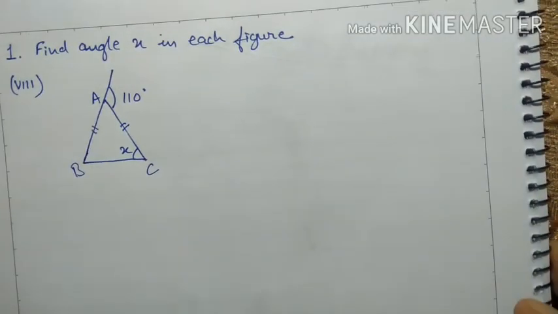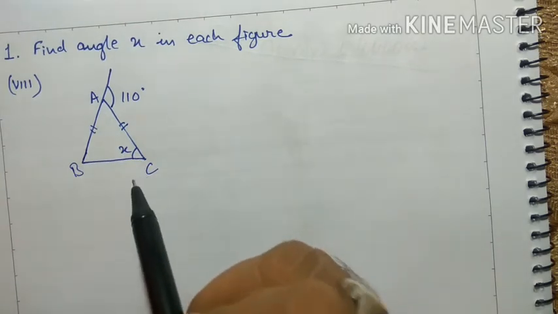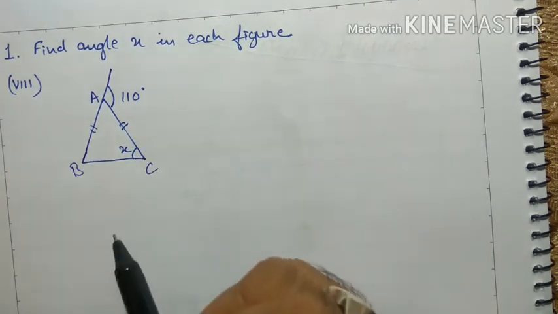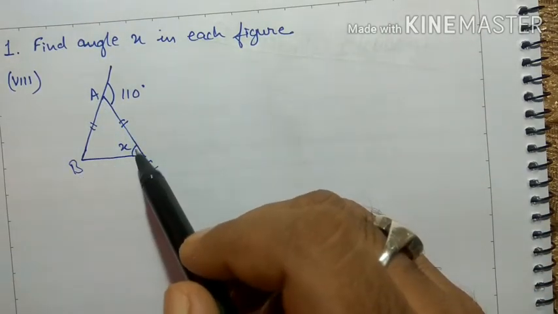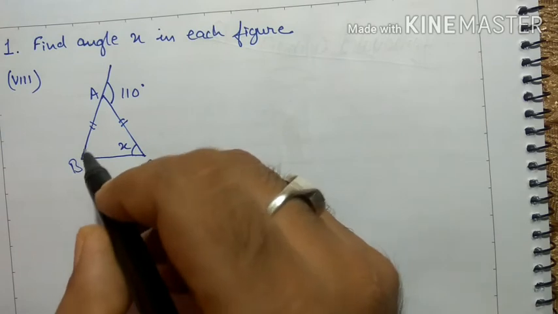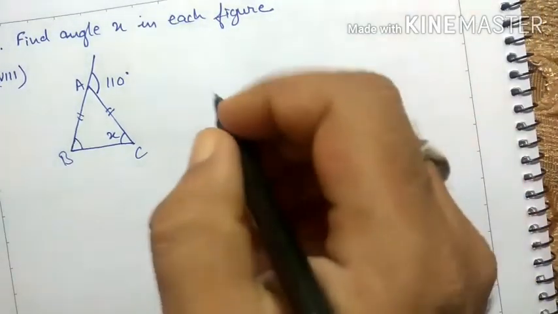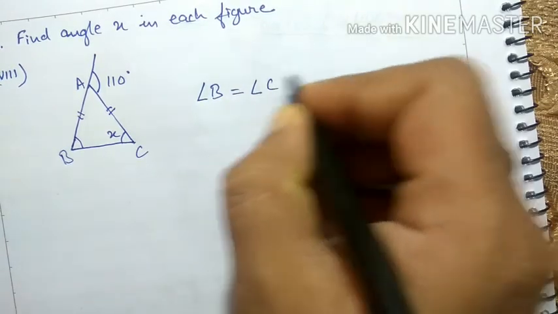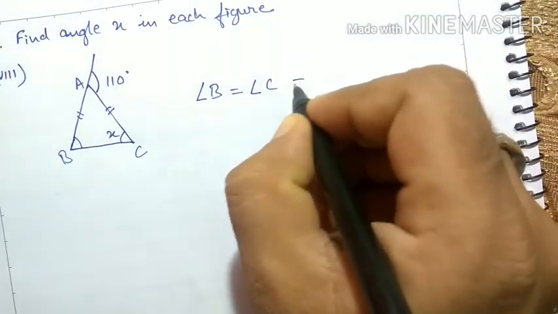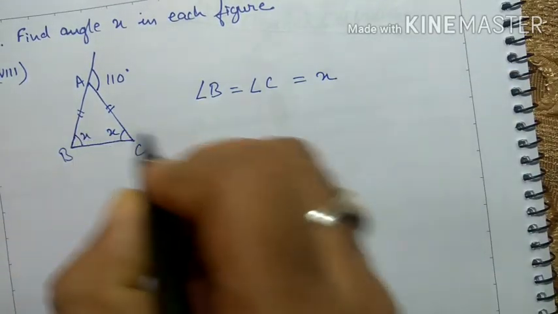As we know, this is an isosceles triangle, so the angles opposite to equal sides are equal. Angle B is equal to angle C, and that will be equal to x.